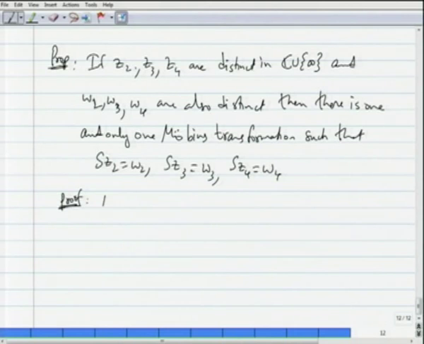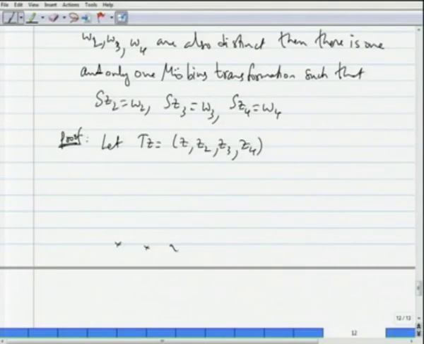If you let T Z is equal to (Z, Z 2, Z 3, Z 4). So, the idea is Z 2, Z 3, Z 4 go to 1, 0 and infinity, and you have W 2, W 3, W 4 distinct, these go to 1, 0 and infinity.